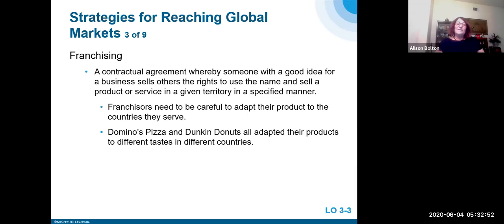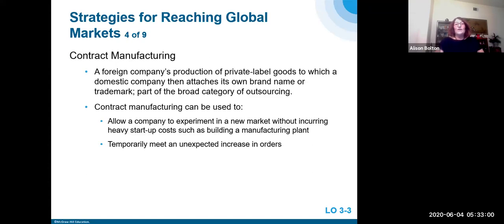In some cases, it may be the look, it may be the taste, it may be the names based on the countries. So now when we think about contract manufacturing, that's a foreign company's production of private label goods. When we think about private labels, it's almost like when you think about wines, right?